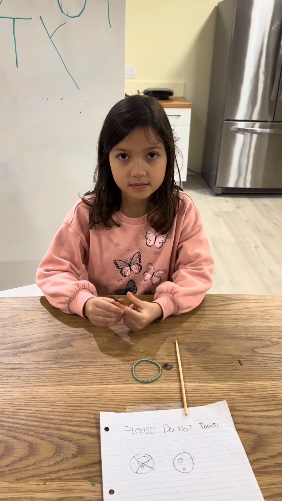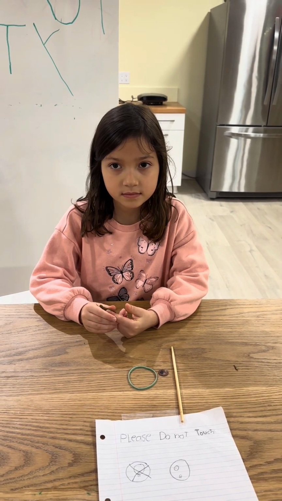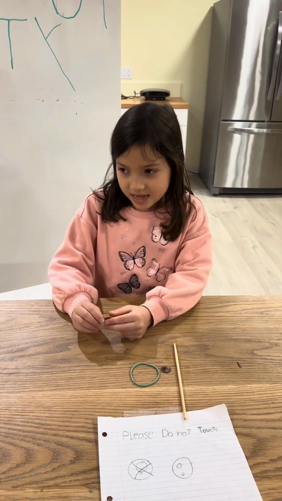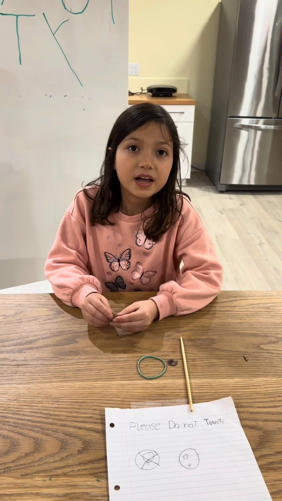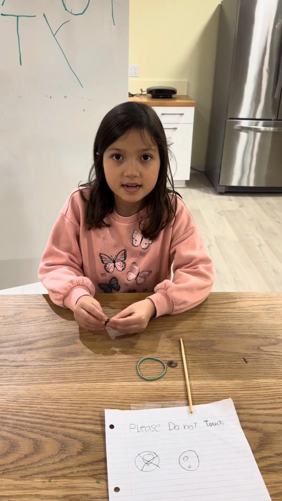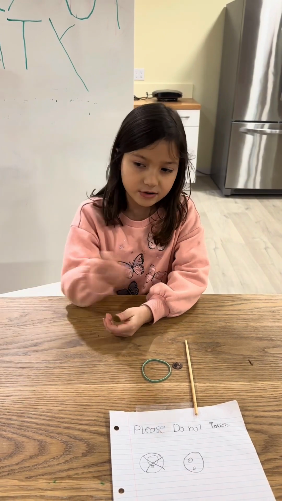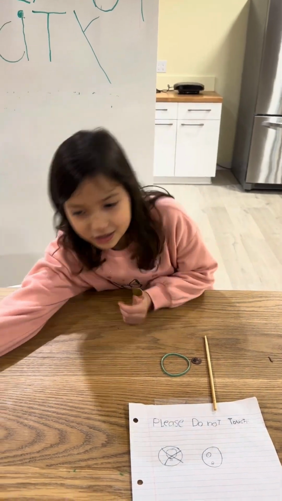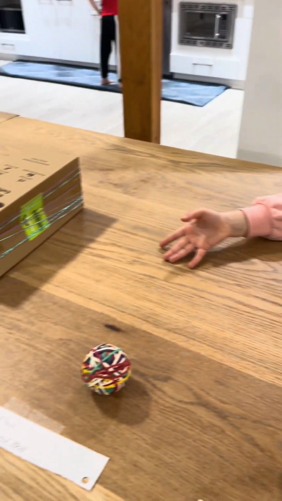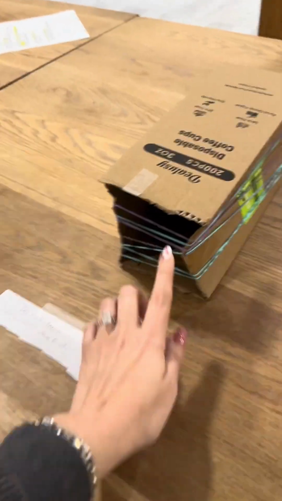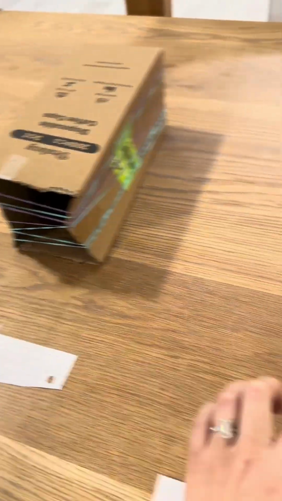Elasticity is when a shape can be stretched and returns to its original size. Yes, that's precisely what elasticity is. And you win a prize of getting to touch one of these two things.